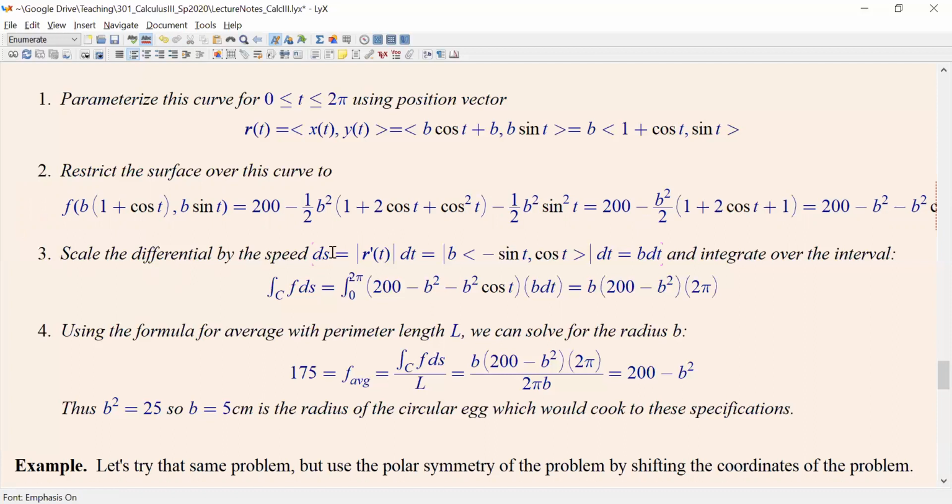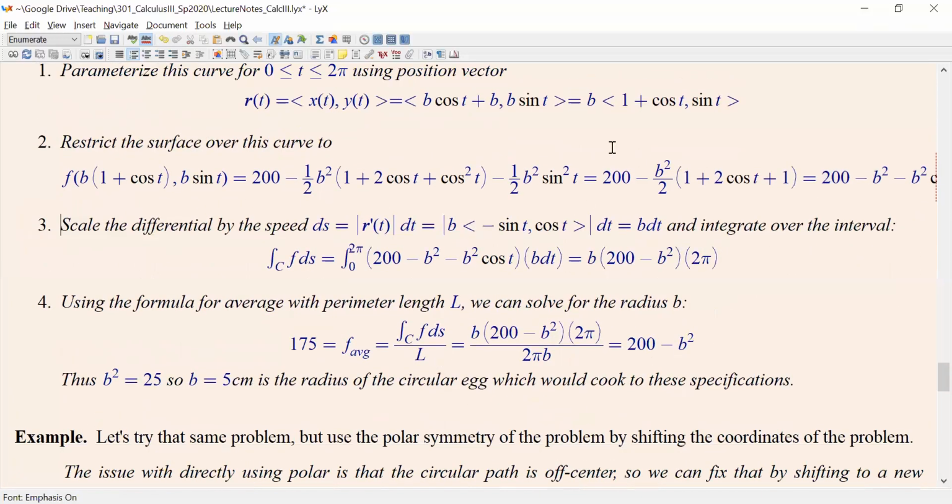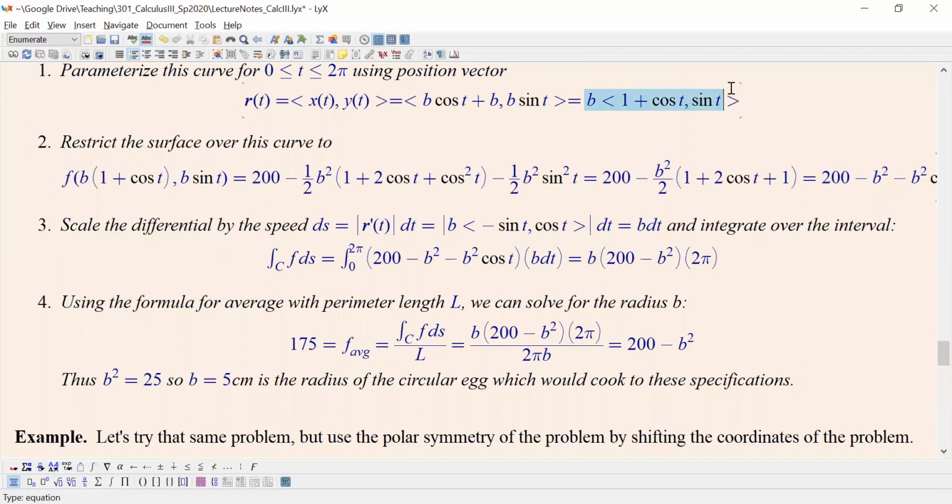I want to then scale by the speed. So that speed ends up just being b. I take my derivative. This goes back up to my r of t function. I factor that b out and take a derivative. I get a negative sign and a cosine. Now the sum of the squares of those two values equals 1, just like cosine and sine do, it's just in different spots and negated.